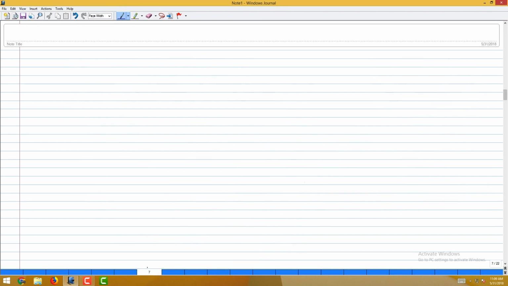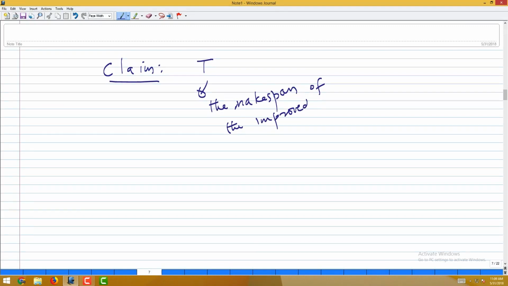So, what? The makespan T of the improved algorithm is at most T star plus T m plus 1. I look at that job and remove the last job. We argued that the load up to that point is at most T star.